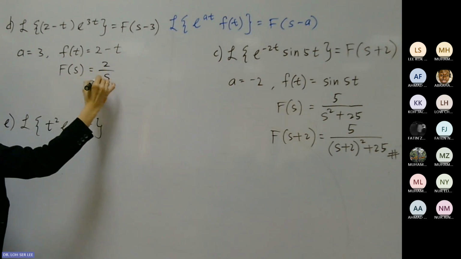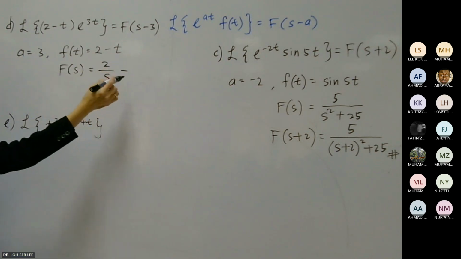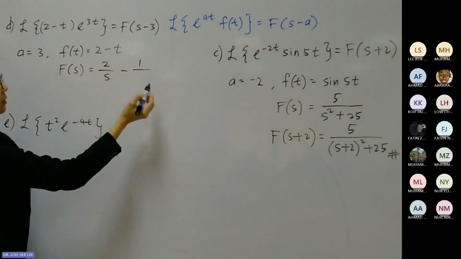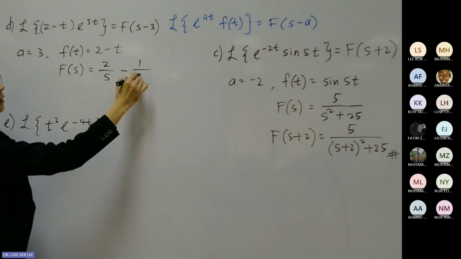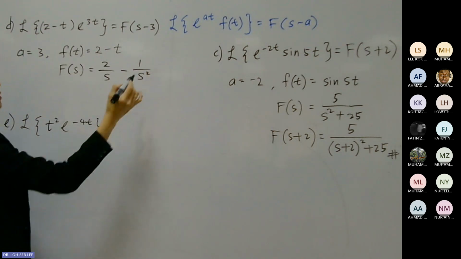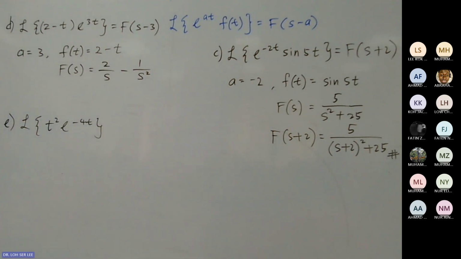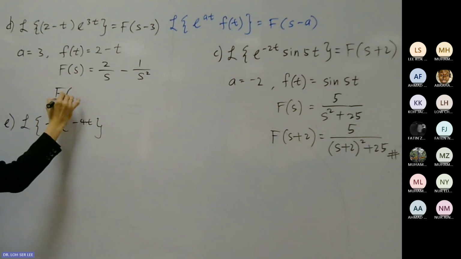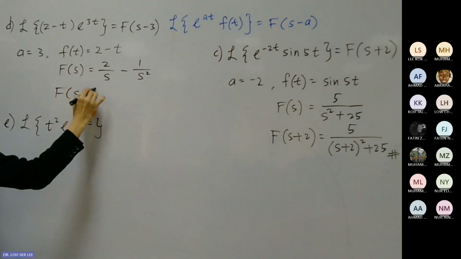F(s) is 2 over s minus 1 over s squared. Okay, then substitute s by s minus 3.